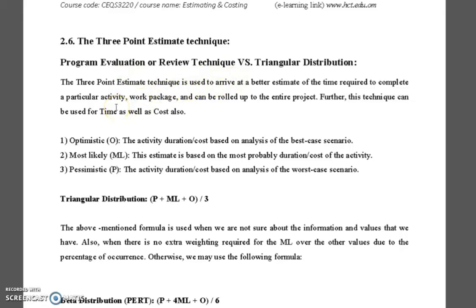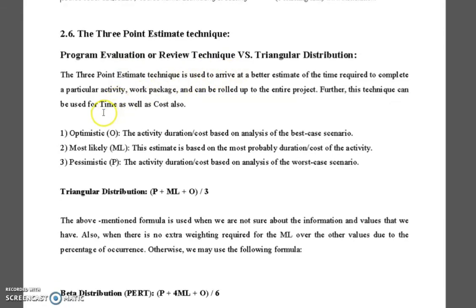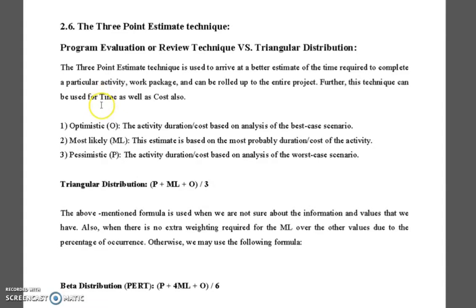In fact, this topic was mentioned in our classes in construction management, and I like to add it here because this technique is being used in both time scheduling and costing. This is why it's very important to include this topic in this class, estimating and costing.